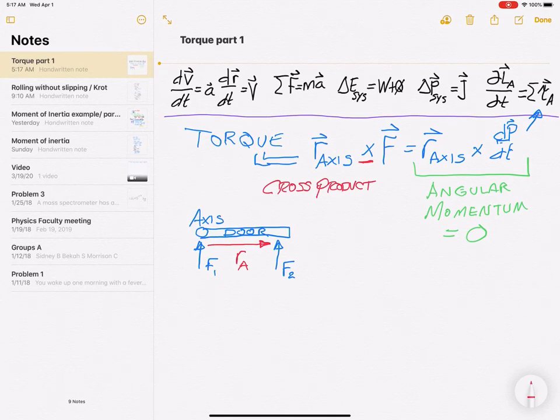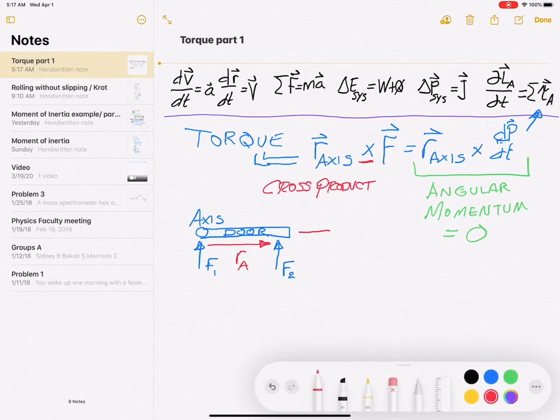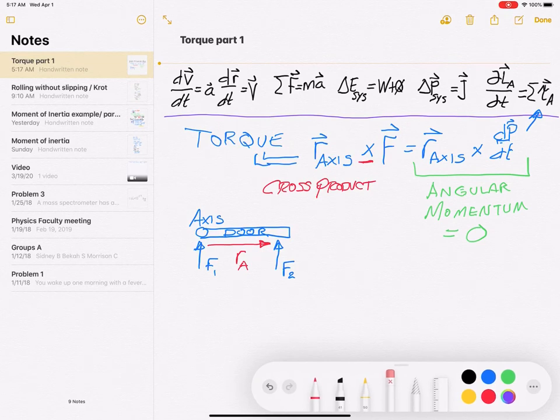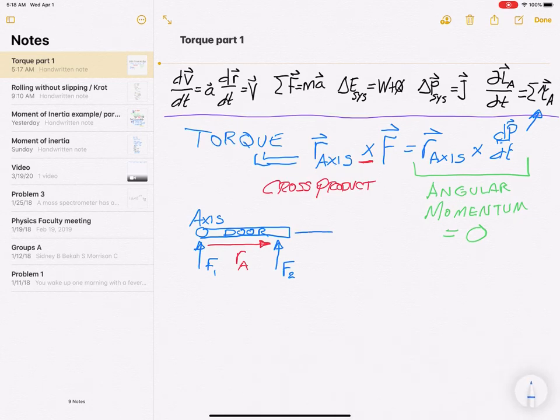Another fun thing you can do while monkeying around with a door, because you're under quarantine orders and things are getting a little boring, is you can push on this door this way with F3. You'll notice that even though you have the same R, F3 has no effect.